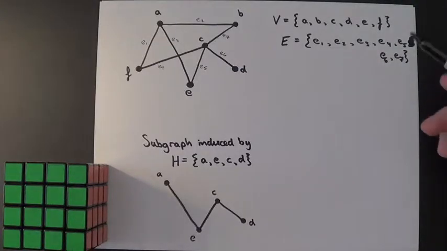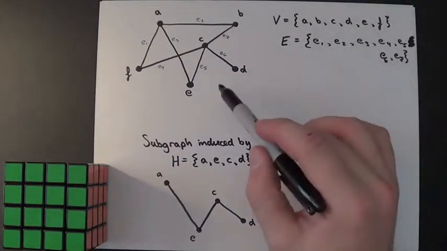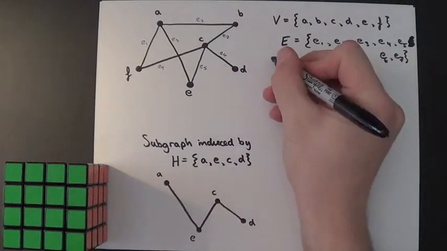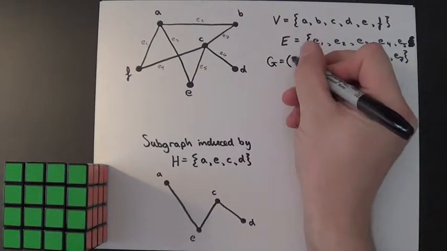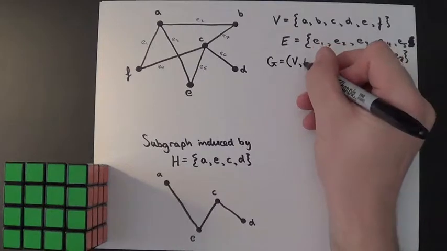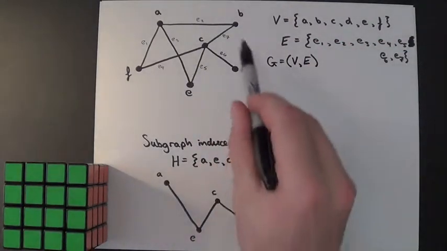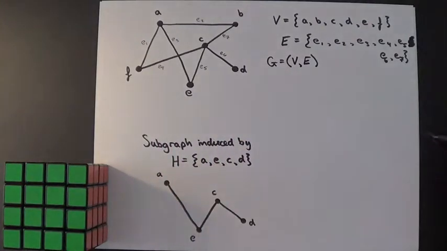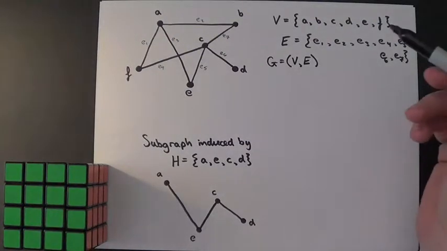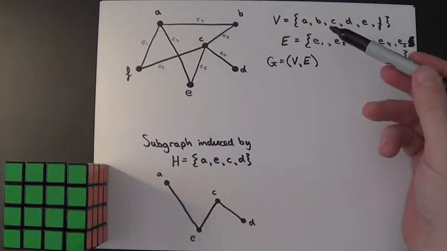Now, quick example. Here we've got a graph G. We can go ahead and denote G to be the graph, vertex set V and edge set E, where I just labeled all the vertices and all the edges. Okay. The book's definition may be a little wordy, but it's very, very simple when you talk about a subgraph of a graph.